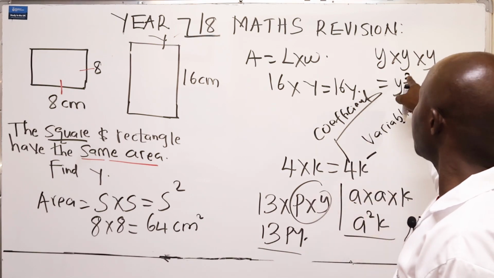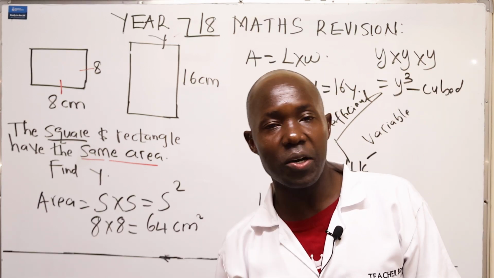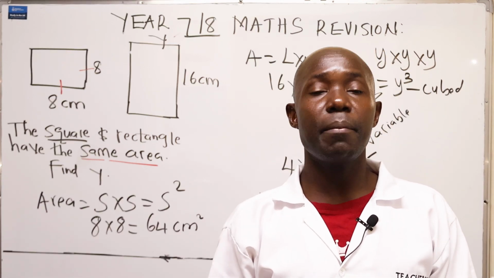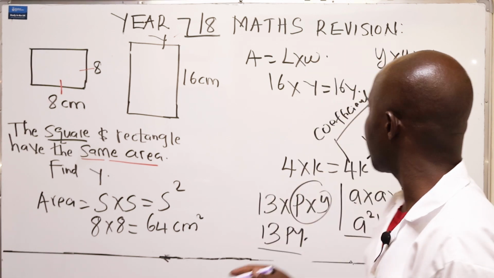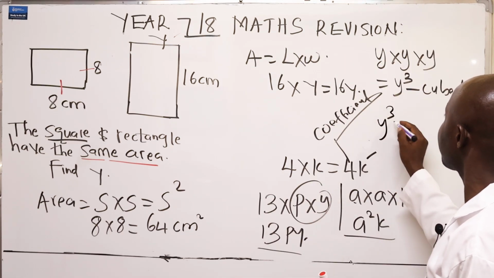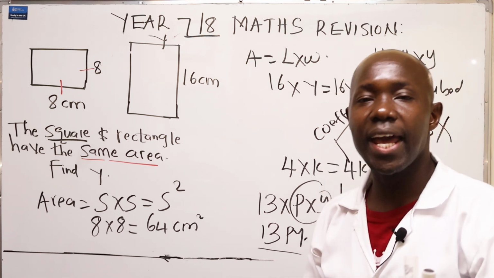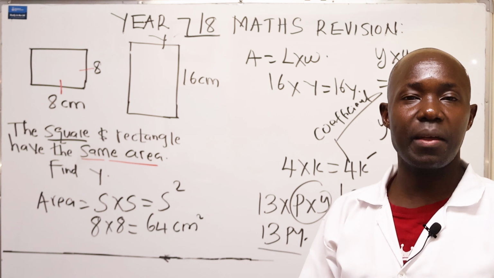The cube means the power. I've had some situations with my students across the country during marking of the Cambridge papers. If you ask them to write y cubed, to simplify, they say y times 3, and that is wrong. You cannot take the variable, the base, times the power.